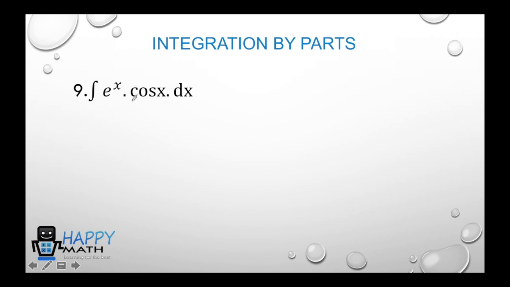And now the two main functions e power 2x and cos x. So which one should you choose to take inside the dx? They are totally different functions, e power 2x and cos x. So first of all, I want to move e power 2x inside the dx. So d in this way, and you get the two main functions, cos x and e power 2x, minus e power 2x times with d of, sorry, this is cos x.